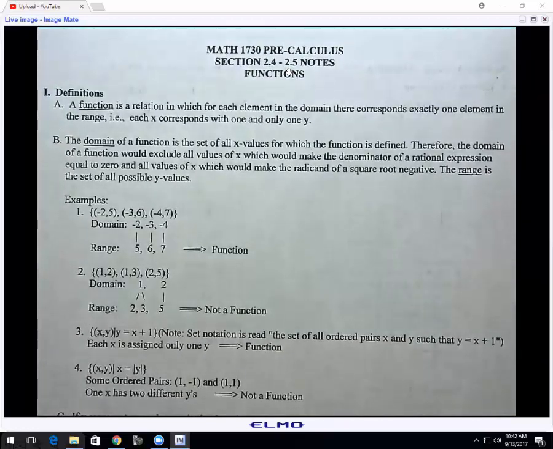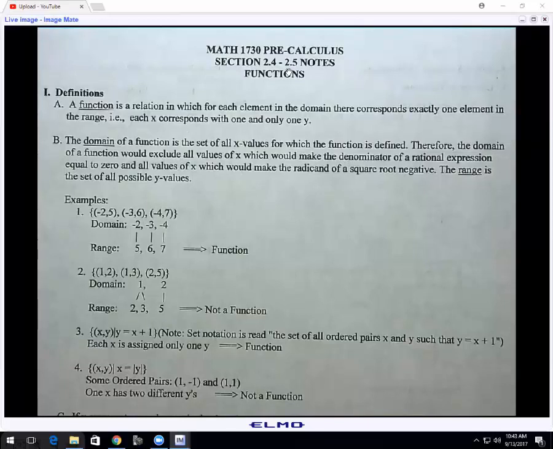A relation is just any relationship, anything that can be described by a set of ordered pairs, and they really don't even have to make sense. An ordered pair could be your favorite M&M color, comma, size shoe you wear. Those have nothing to do with each other, but that could be your relation.